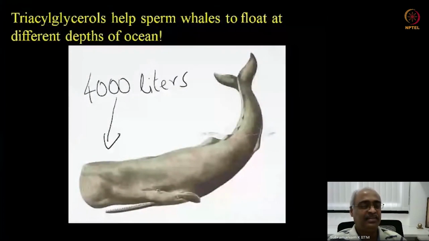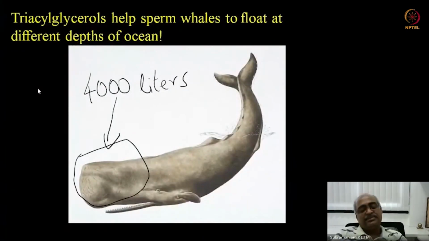Liters of triacylglycerol here. So why is this whale storing so much fat there? That is primarily because its triacylglycerol has a happy mixture of the length and degree of unsaturation such that when it dives deeper from the surface, the surface is going to be warmer.